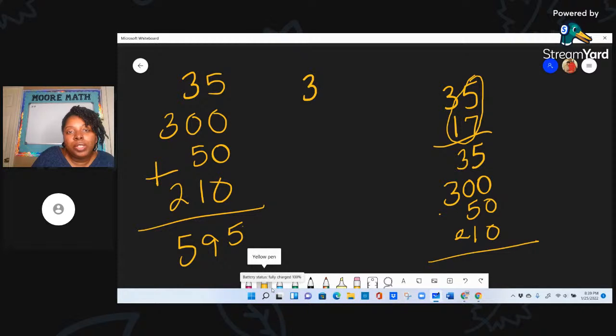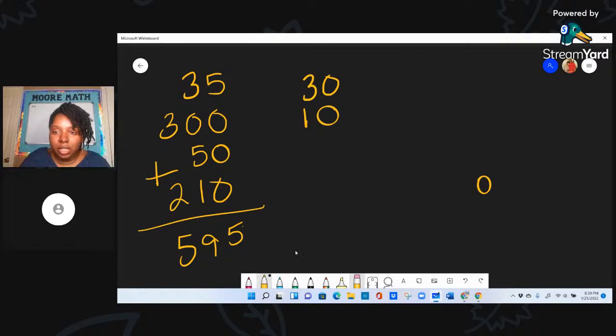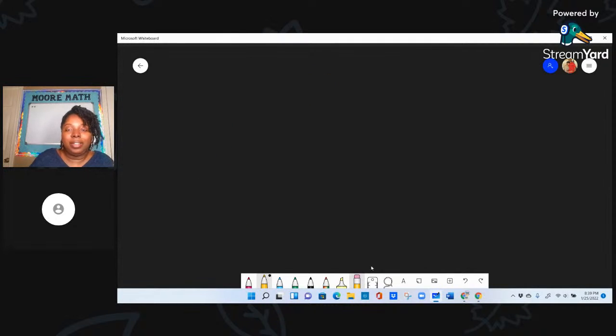Okay. So here's what you need to remember. Good job knowing that this is a 30 and a 10, right? So here's what happens. Everybody gets a chance to play. So 35 times 17.